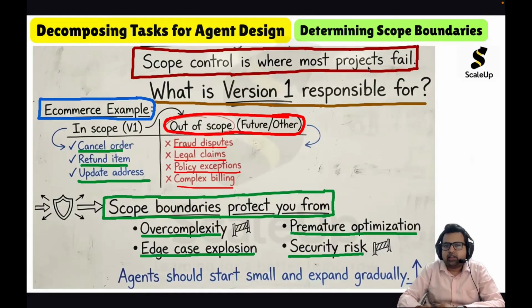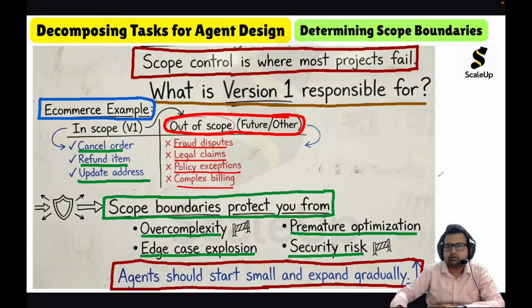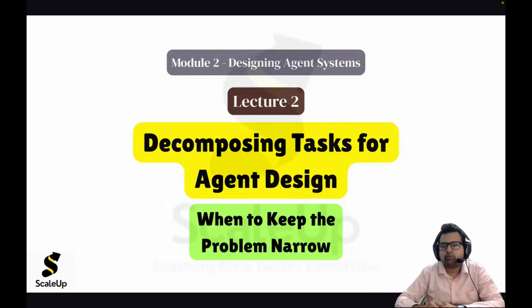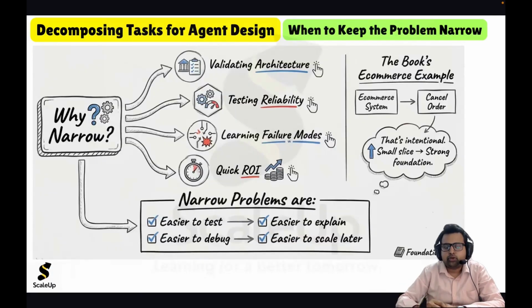So the key learning is, when we are designing agents, the agents should start small. Agents should start small and they should expand gradually. That's the idea. When to keep the problem narrow? You keep the problem narrow when you are validating the architecture. Because if the architecture is not clear, we have to keep the problem narrow.